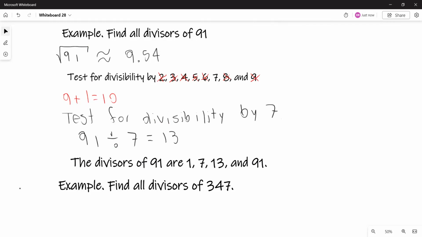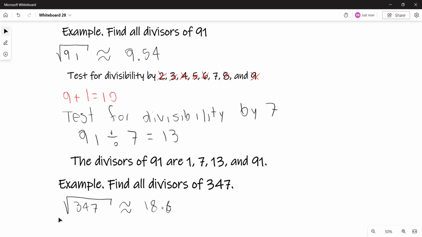So let's start by taking the square root of 347. On a calculator, that's approximately 18.6. So we're going to test for divisibility by every integer between 2 and 18.